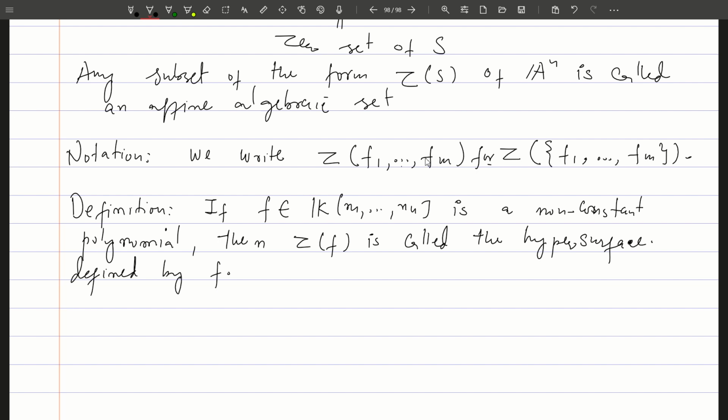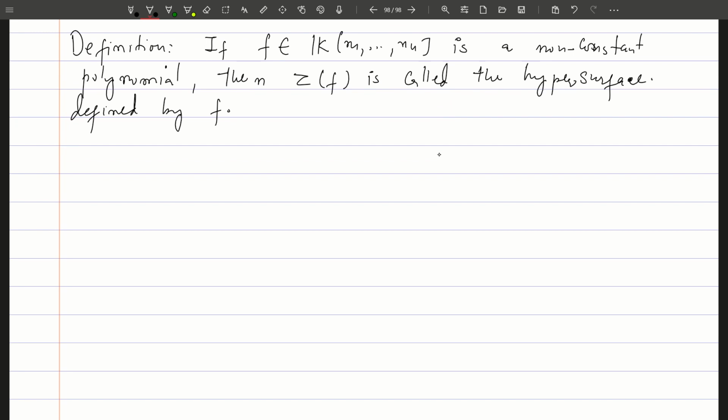So we have some examples. The first example is that the affine space A^n is itself an algebraic set, for A^n is the zero set of the zero polynomial.